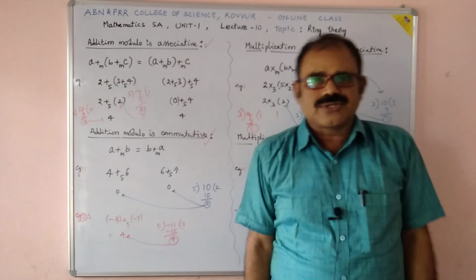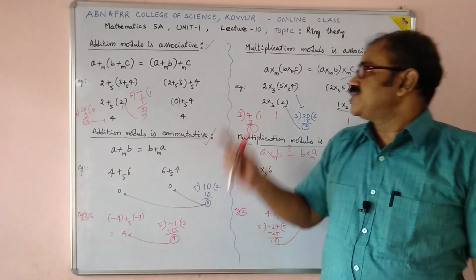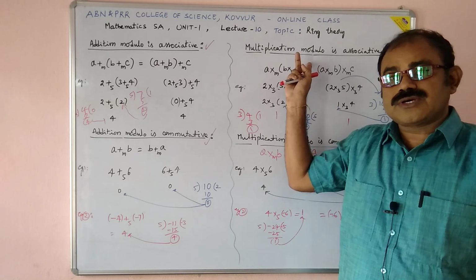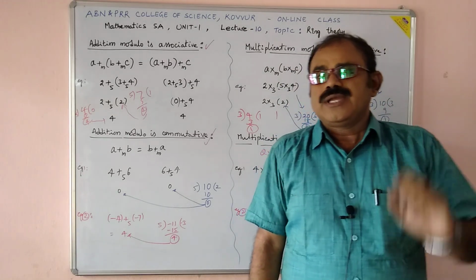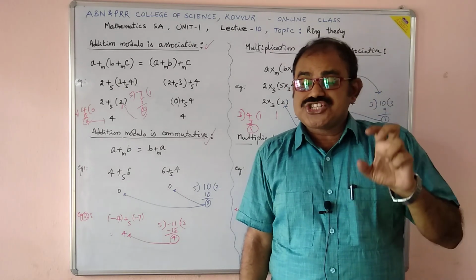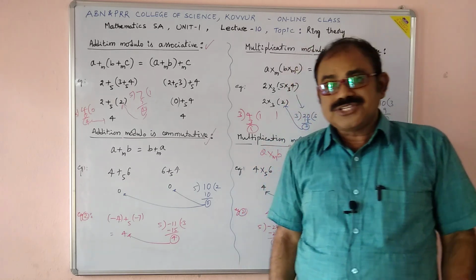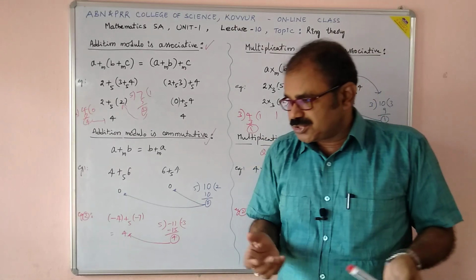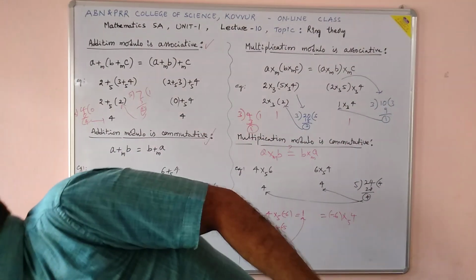Okay. So, what I would like to say is, addition modulo is associative, addition modulo is commutative, multiplication modulo is also associative, multiplication modulo is commutative, and addition modulo is distributive with respect to multiplication modulo. What does it mean?